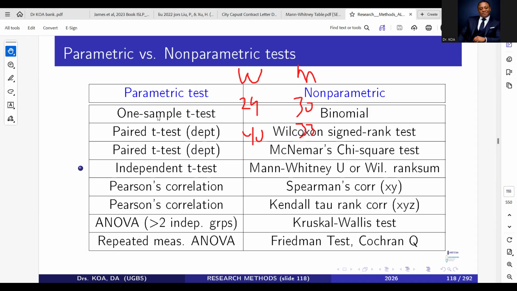A dependent sample is when the subject is the same. So let me give you another example.